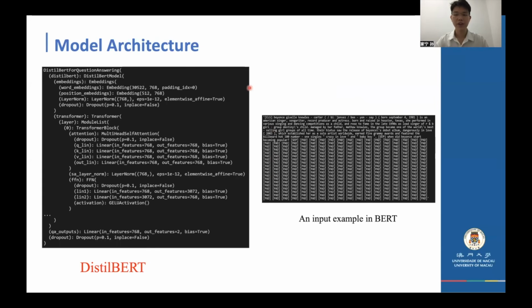The left figure is our model architecture, and the right figure is an input example in BERT. We choose DistilBERT for solving the Q&A problem. First, our objective is to extract the important information from the context, not to automatically generate the answers.